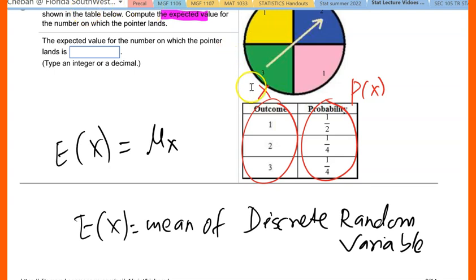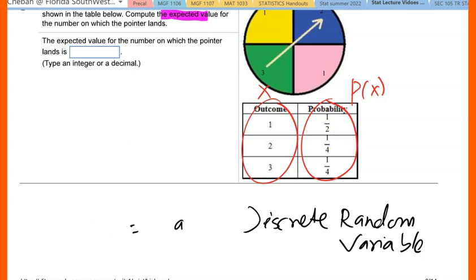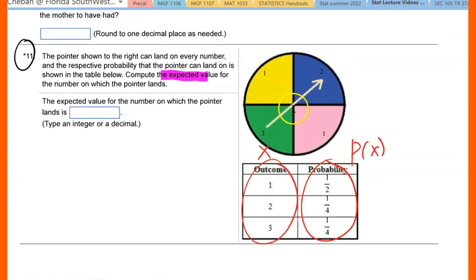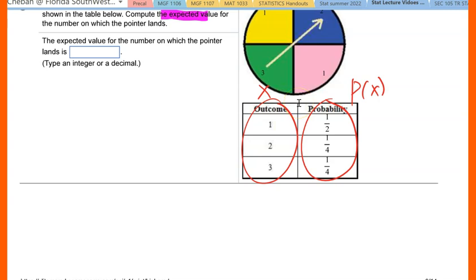The outcome is x here, and the probability of each outcome is given in the other column. You can put x in L1 and p of x in L2 in the calculator, as we did in the previous question. But here you can do it directly, without a calculator. Of course you can use it to add and subtract, but we don't use the calculator function. E of x is the expected value.